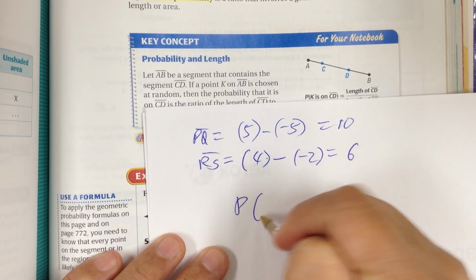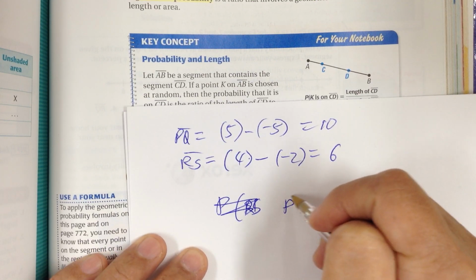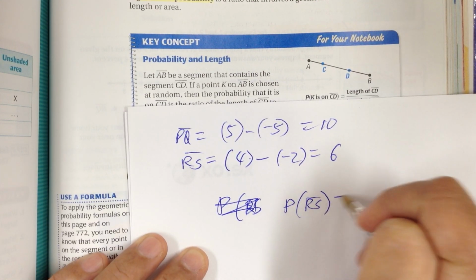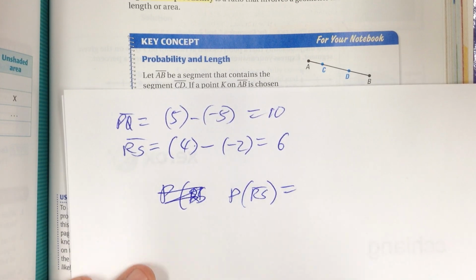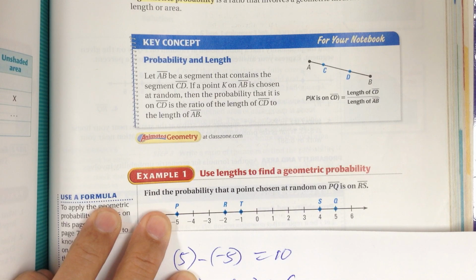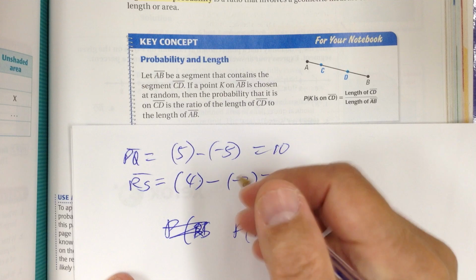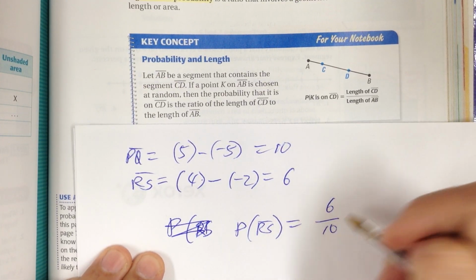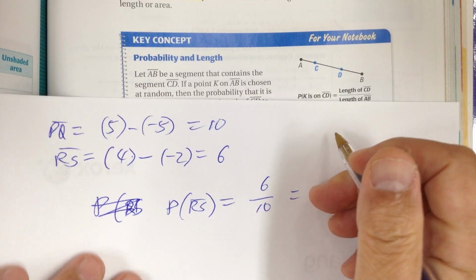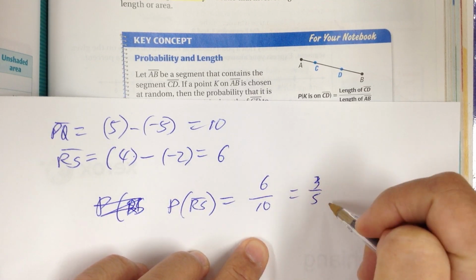So the probability that if you choose a random point between PQ, the chance that it will land in RS will equal 6 over 10, or if you reduce, it would be 3 over 5.